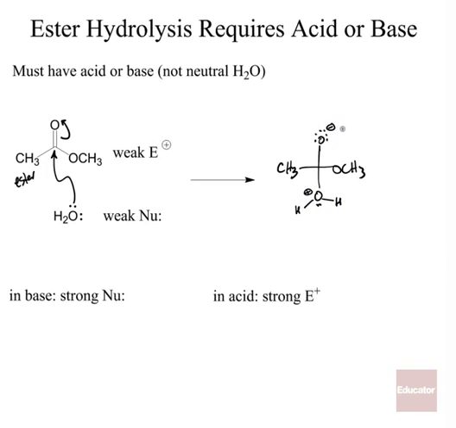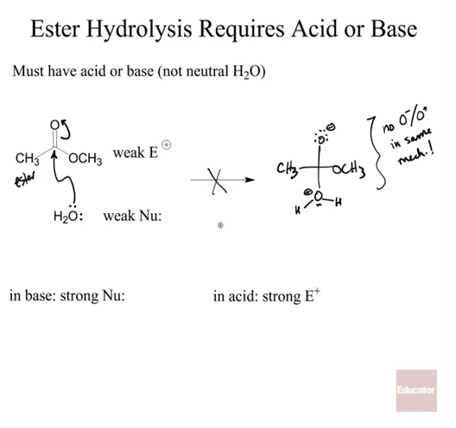Because I can't have a strongly basic O- ever in the same sort of reaction conditions that I would have a strongly acidic O+. So there's no O- and O+ in the same mechanism. That's good to keep in mind, and that's good to help guide you and help you pick up when you maybe have made a mistake. So this is not going to happen.